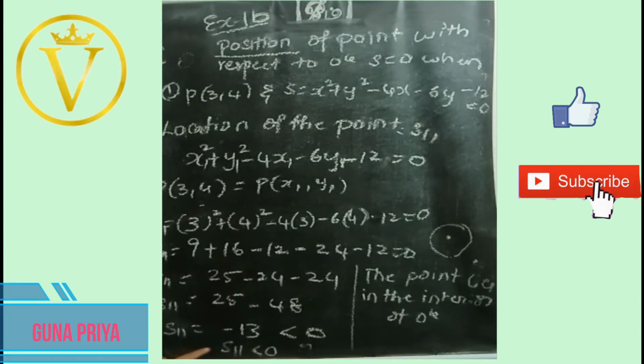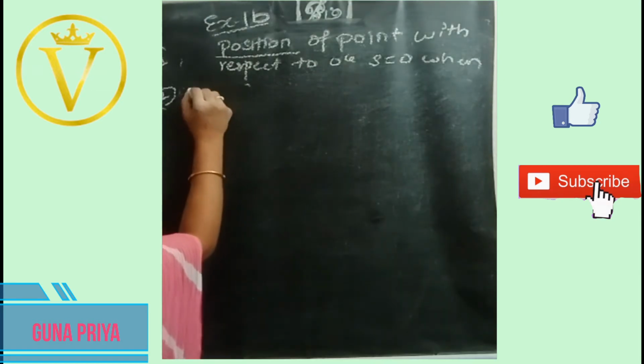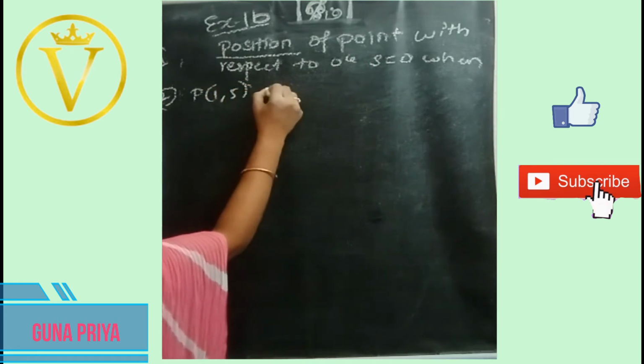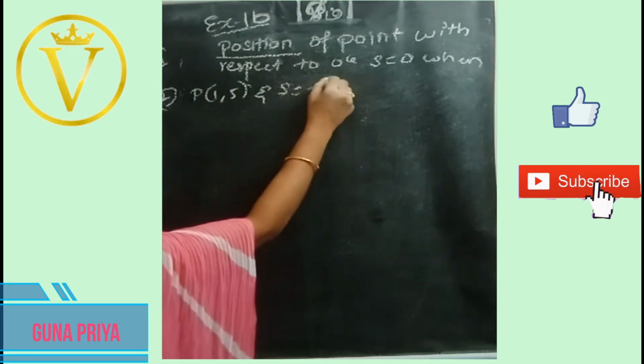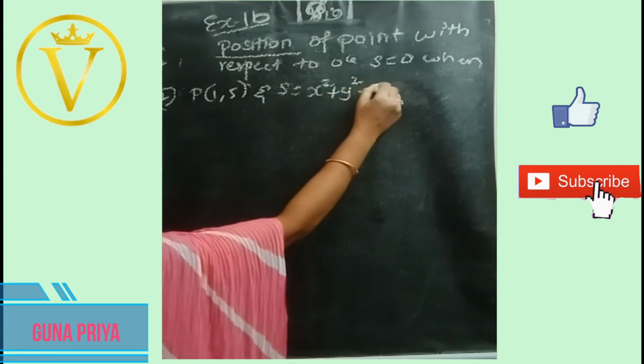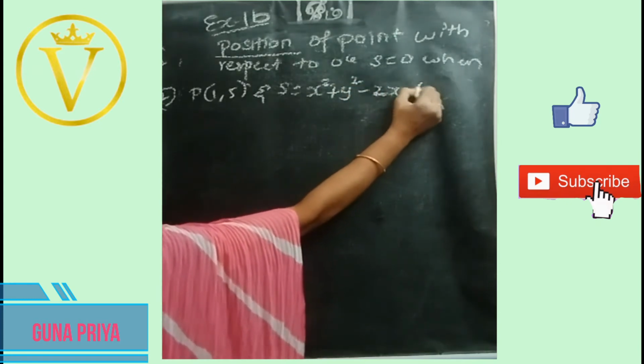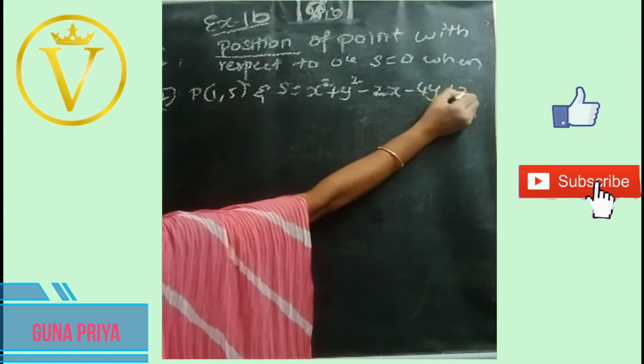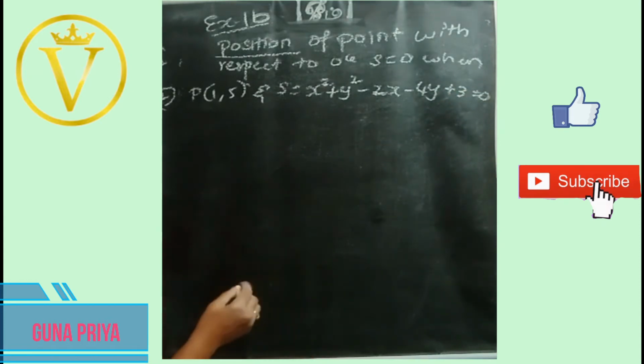That's it. Whatever the point given, we have to substitute in this equation. Now another question. Second question is P of (1, 5) and S equals x square plus y square minus 2x minus 4y plus 3 equals 0.